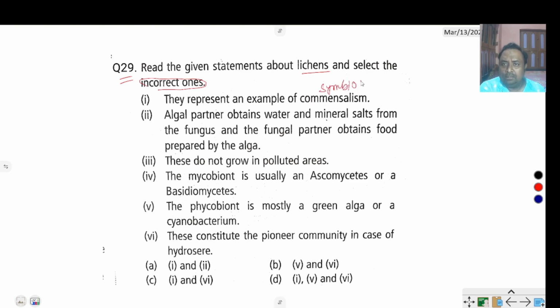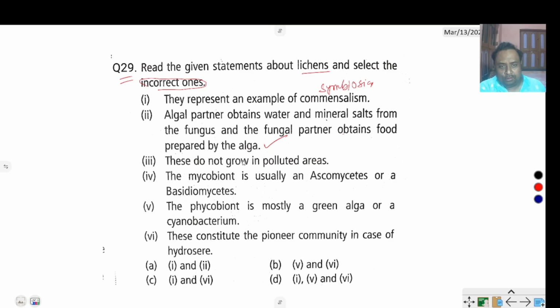Commensalism means two organisms live together, one organism is benefited and the other is neither harmed nor benefited. The algal partner obtains water and mineral salts from the fungus, and the fungal partner obtains food prepared by the algae. This is the correct option.